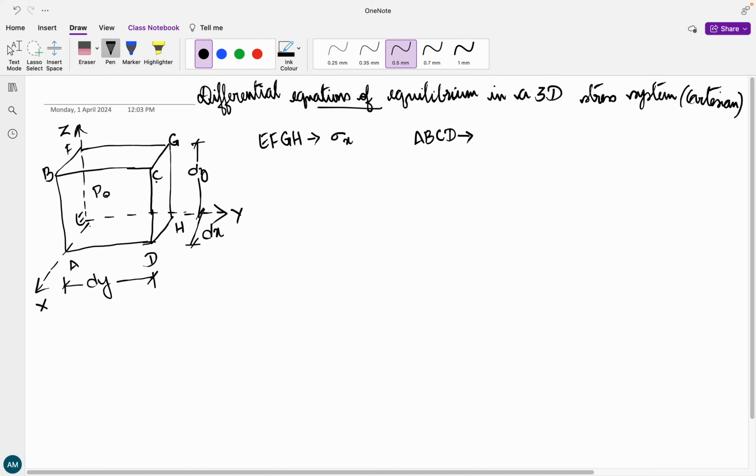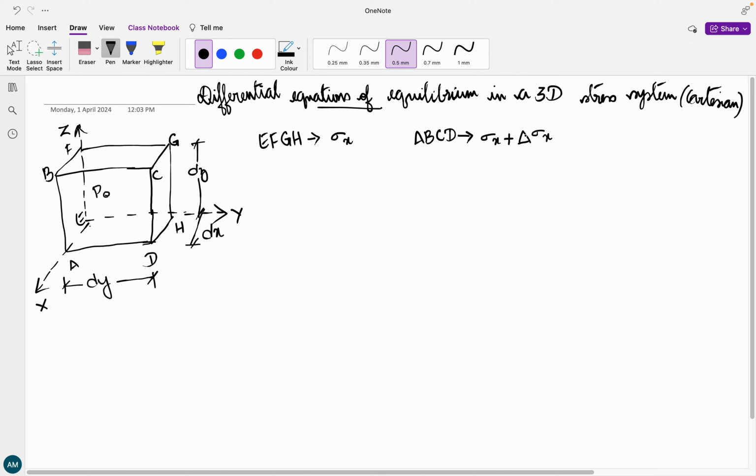For this particular face, the stress is going to be sigma x, because it is for EFGH, plus an increment, let us say delta sigma x. If this is positive, the other is going to be negative, or if this is negative, the other is going to be positive. These two are going to be opposite in sign.